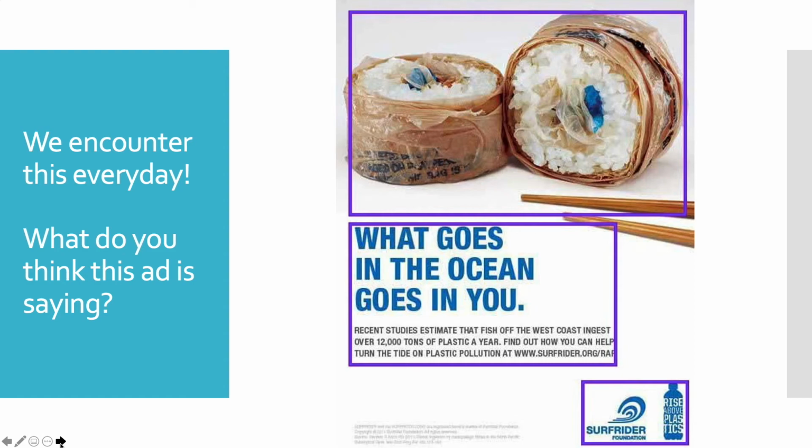They are trying to relay the fact that there's too much pollution in our oceans, and in order to appeal to us as humans, they are going to show us an image of something that many people enjoy eating, but probably would not enjoy eating this. So that is one example of how a writer would appeal to the emotion.